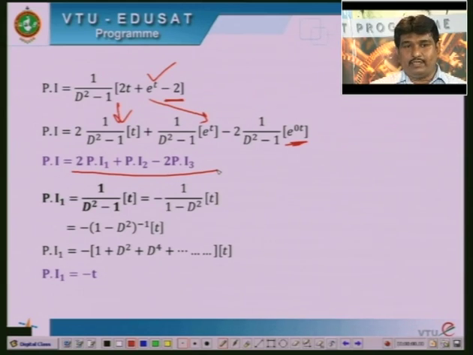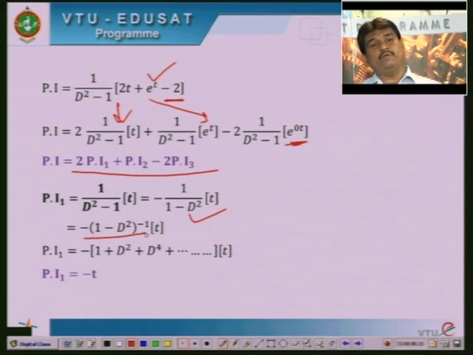PI1 is 1 by D square minus 1 operated on t. There are only two terms, so binomial expansion is easy in this case. You can write D square minus 1 as minus of (1 minus D square) operated on t. Take this to the numerator, we get (1 minus D square) whole to the power of minus 1.